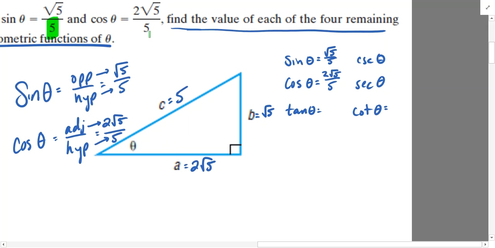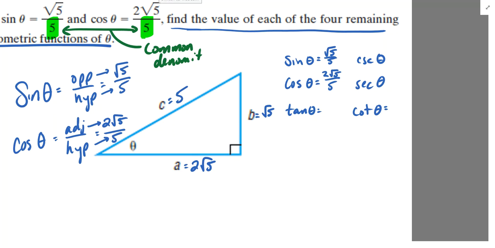We were lucky in that both of these fractions indicated the exact same hypotenuse value, but even if the two ratios that were provided did not provide the same hypotenuse value, we could continue to solve the triangle with these ratios as long as we find a common denominator. If we work to find a common denominator, then we can continue to solve the triangle in terms of those side lengths.